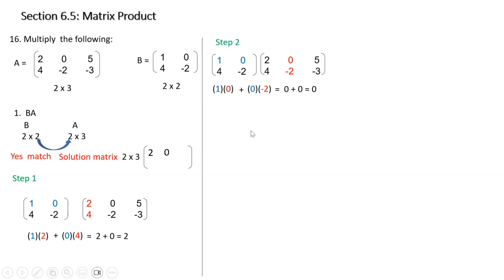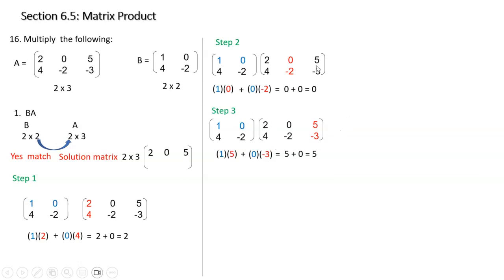There's my 0. So step 3, I need to do one more step for the first row, because now I need to multiply the first row times the last column. So it'll be 1 times 5, 0 times negative 3. It gives us 5 plus 0, so the answer is 5. So the 5 goes right there on the first row, third column.